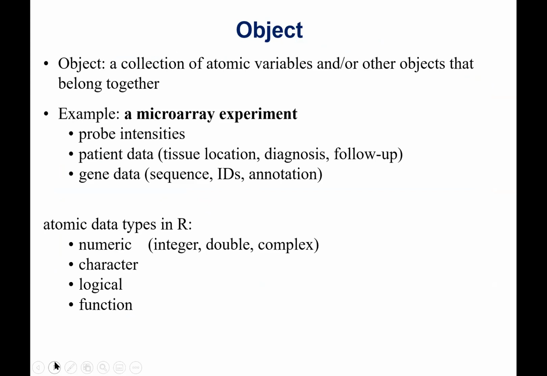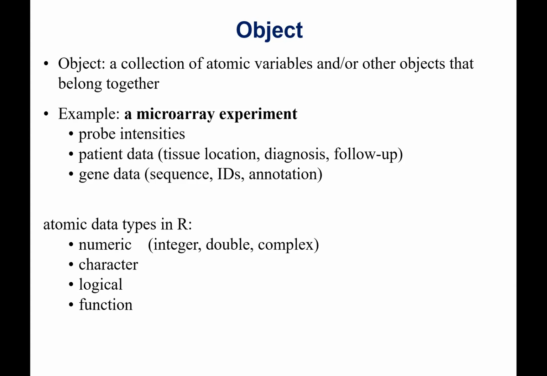Let's review some basic ideas in R. We have the idea of an object. It is like a variable in other languages. An object is a way to collect atomic variables and other objects and put them together.